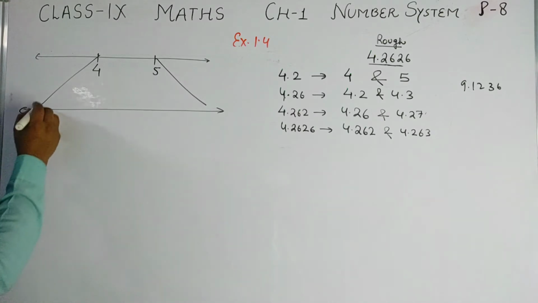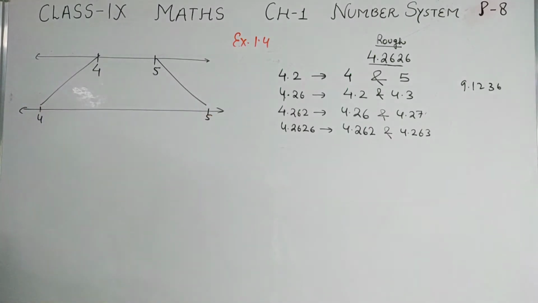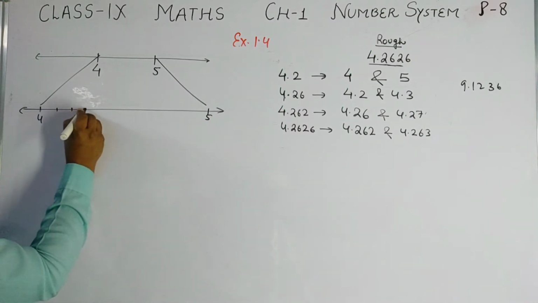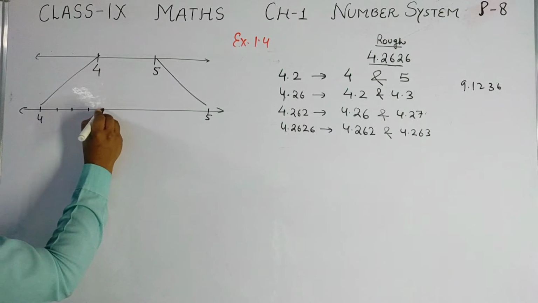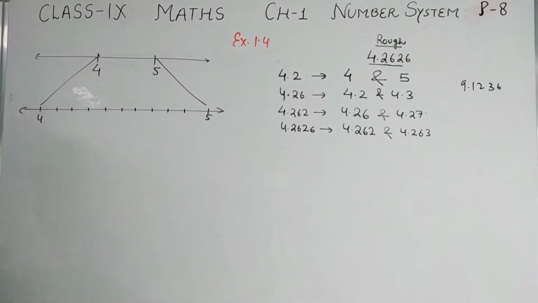So we will do it like that. It is 4, it is 5, we have to divide it into 10 equal parts, and for that we will put 9 marks here, 3, 4, 5, 6, 7, 8, 9. Then it is divided into 10 equal parts.